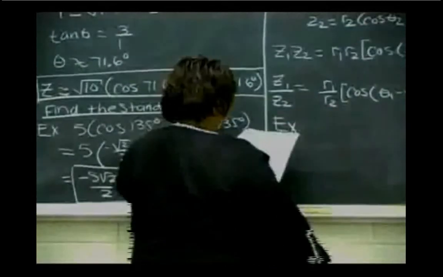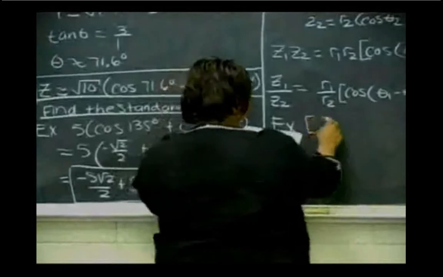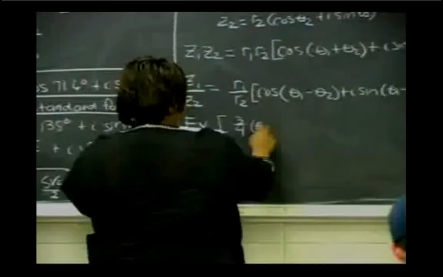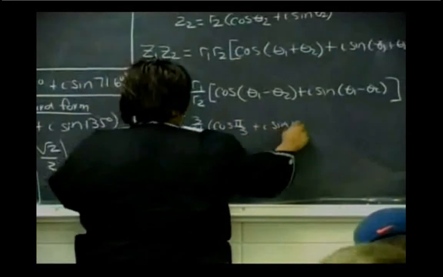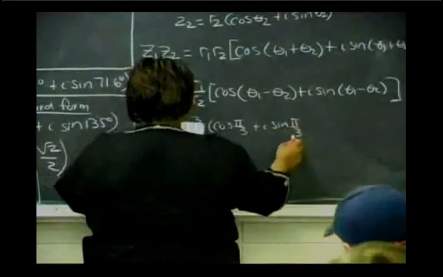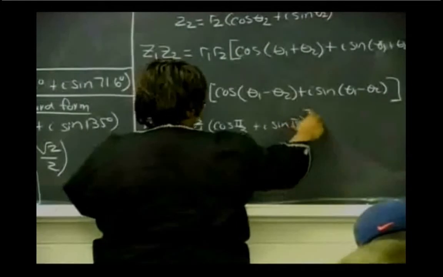So suppose you have an example. Suppose you want to multiply 3/4 (cosine pi over 3 plus I sine pi over 3). This is our first number.